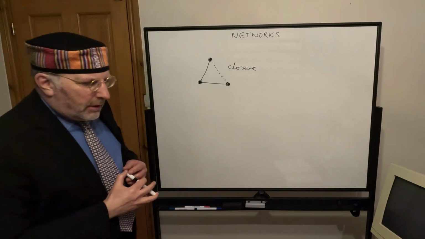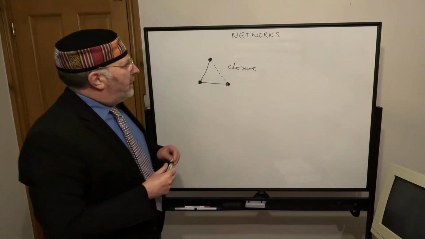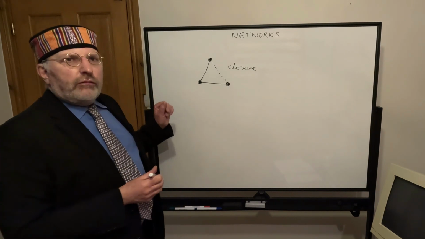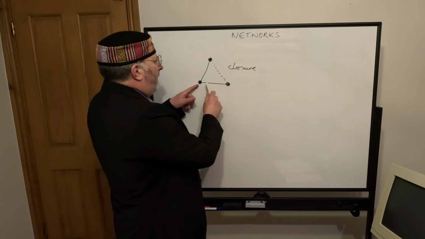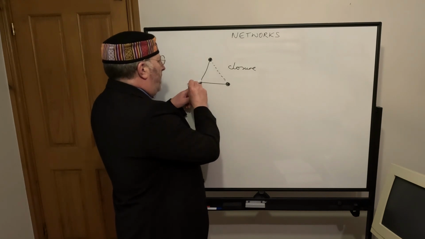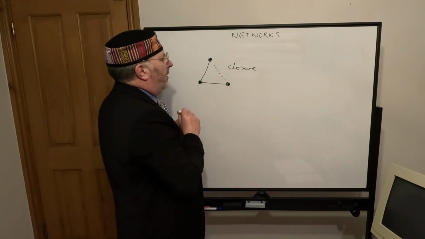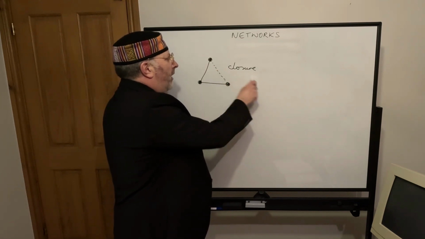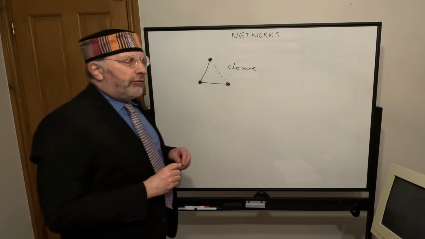And if we look in a network, we can ask this question for every case where there are nodes that are connected to two other nodes, and say, is their closure forming the triad?